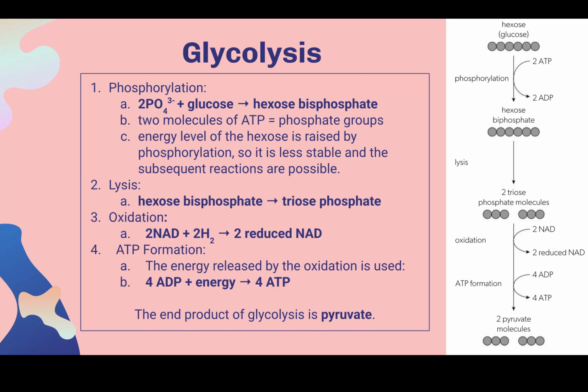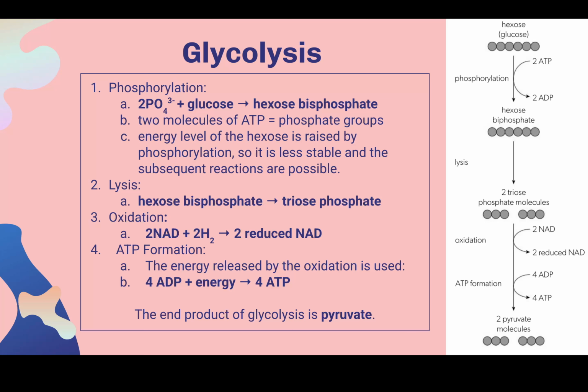The next step is lysis, or I don't know how to pronounce it ever, but basically it just means splitting, which is why it's called glycolysis, or there's also electrolysis, etc. Essentially it just means the splitting of a molecule.